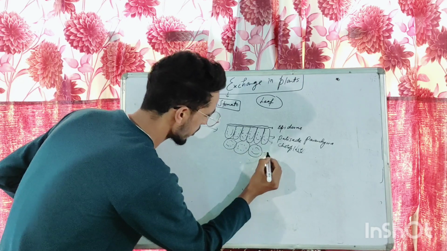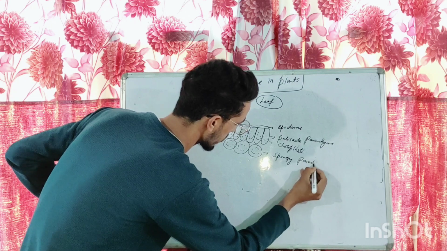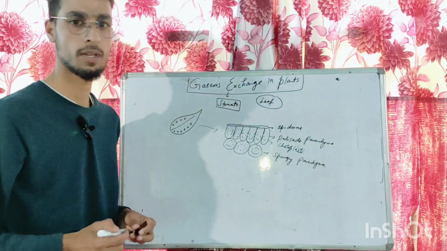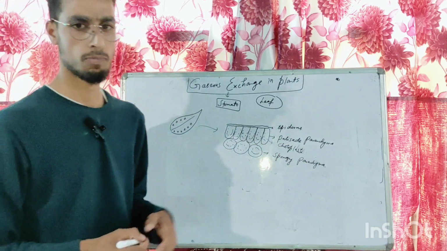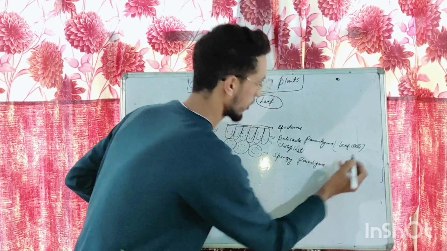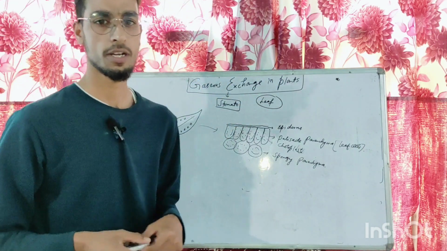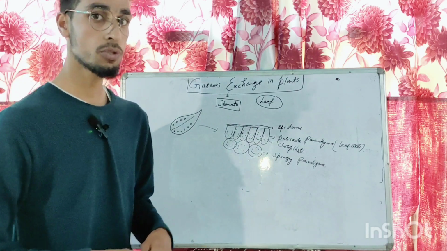This component is called spongy parenchyma. The palisade parenchyma contains most of the chloroplasts, which in turn contain chlorophyll, used for absorption of light.